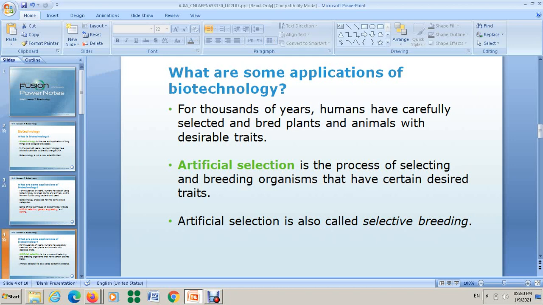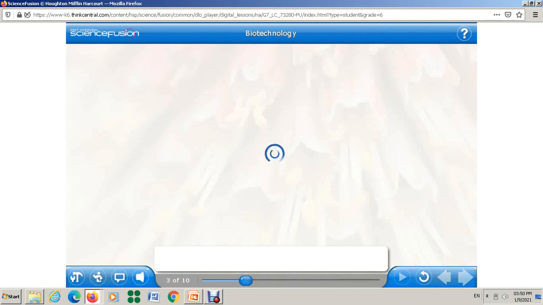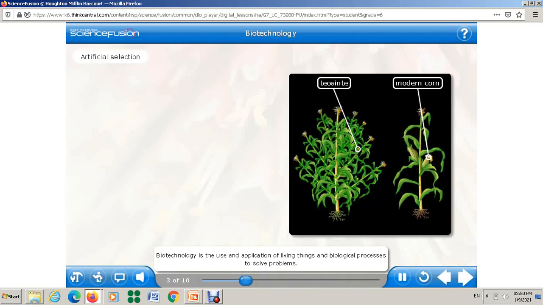Let's look at this one here, listen carefully. Biotechnology is the use and application of living things and biological processes to solve problems. Artificial selection is the breeding of organisms for desirable traits.